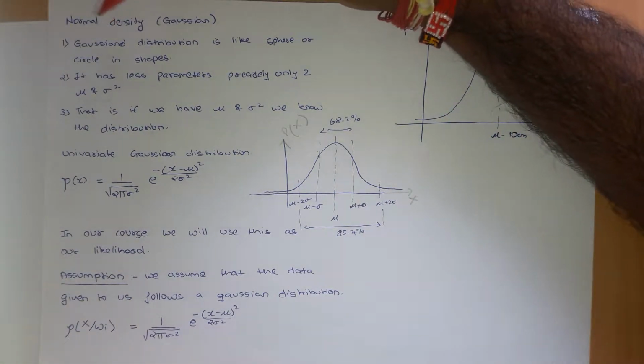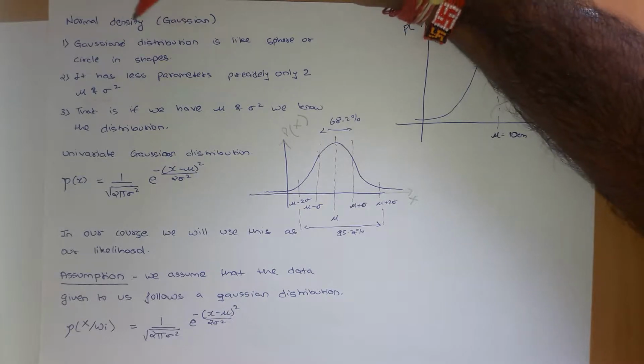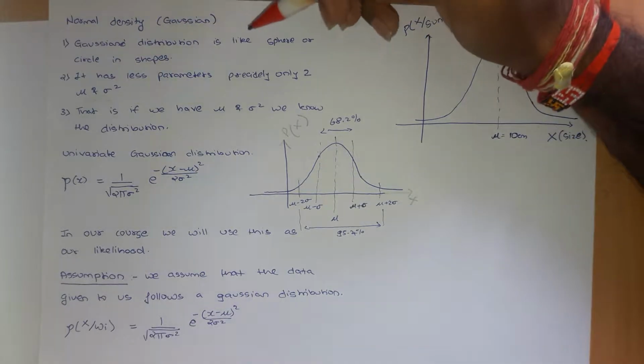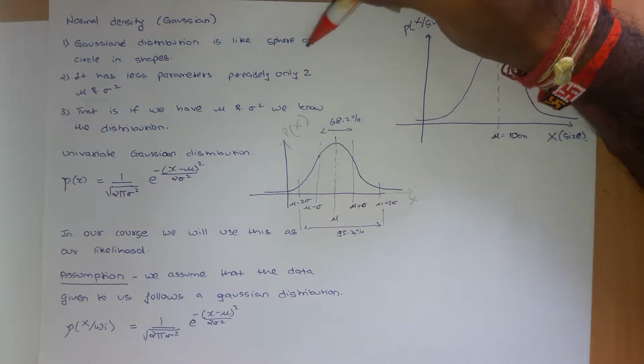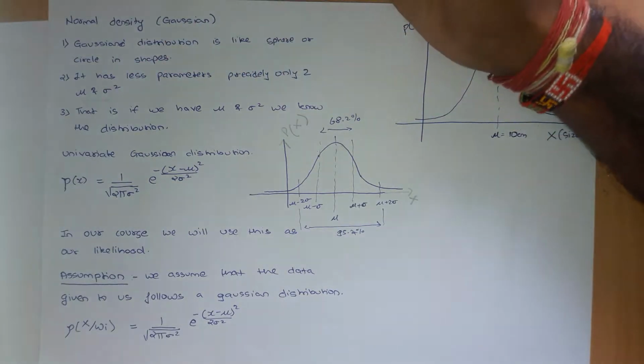So normal density function or Gaussian distribution can be compared analogously with the sphere or circle in shapes.